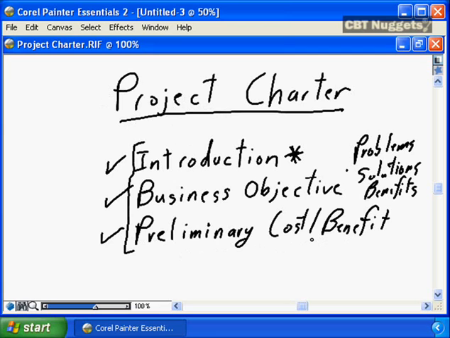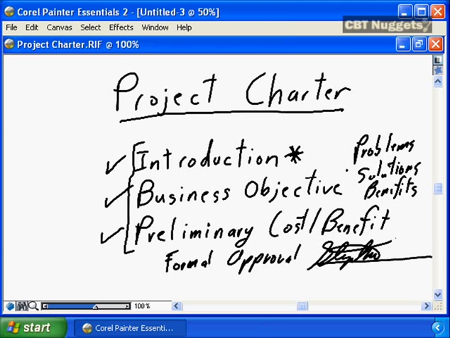My recommendation, and this may not be appropriate in all organizations, is you need to get formal approval, i.e. a signature line, and on that signature line, I, the project manager, will sign my name. There will be another signature line where the business sponsor will sign their name.